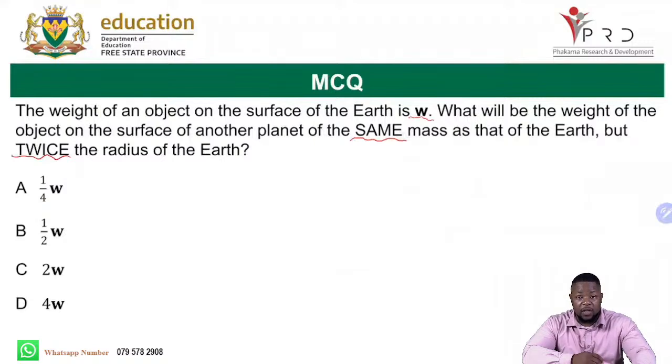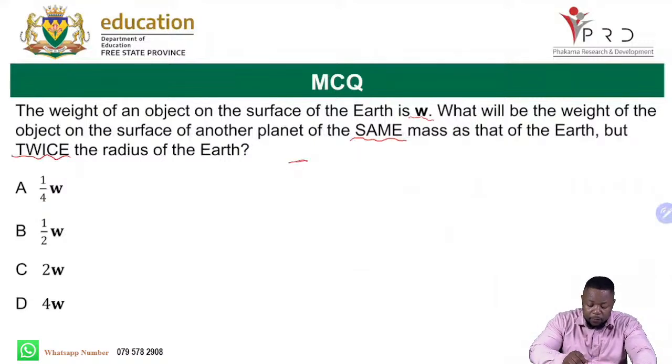For us to answer this multiple choice question, we need to identify the formula from the data sheet that is applicable. You will see that there is a formula on the data sheet that says F is equal to G M1 M2 over R squared.